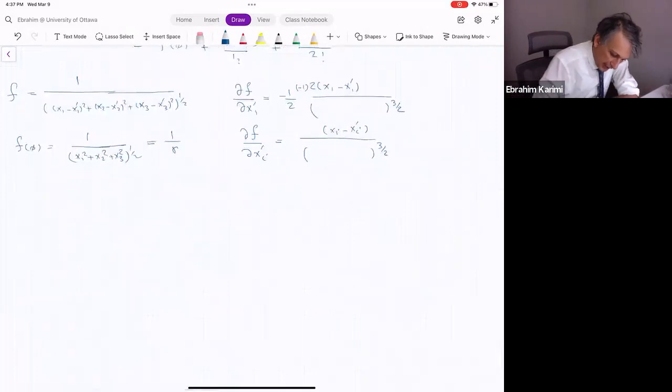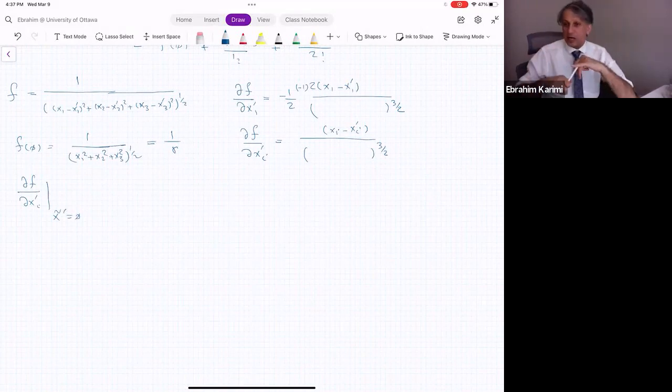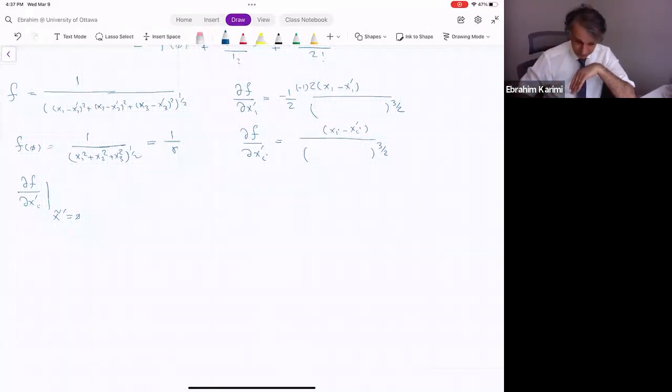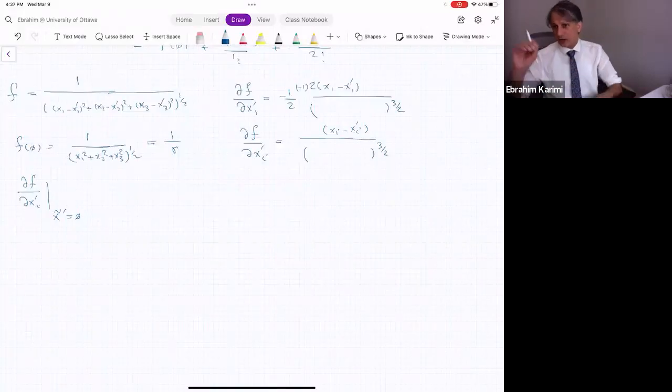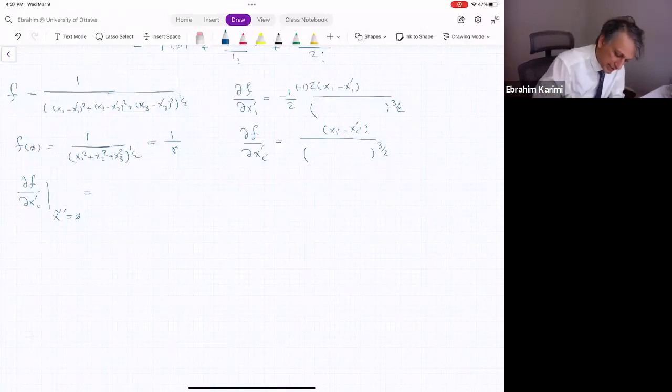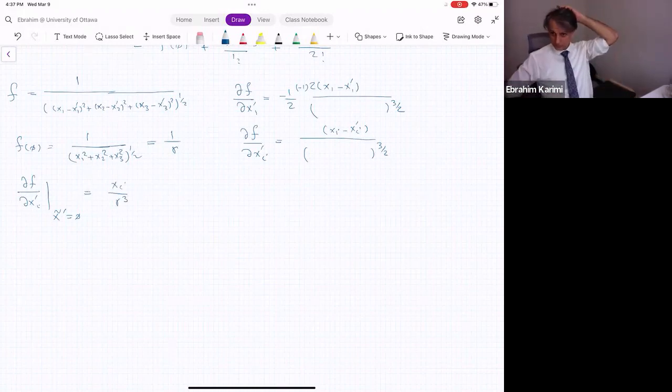If I take the derivative of f with respect to x prime i at x prime equal to 0, it means that x prime 1, x prime 2, and x prime 3 are all equal to 0. So on the numerator only xi will remain, and on the denominator only r will remain. So it will be xi divided by r to the power of 3. Good, guys, are you following? Any questions?